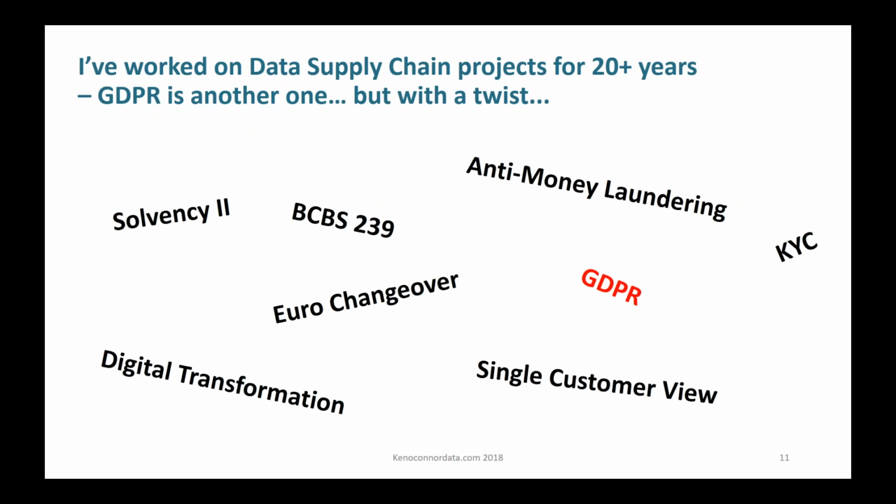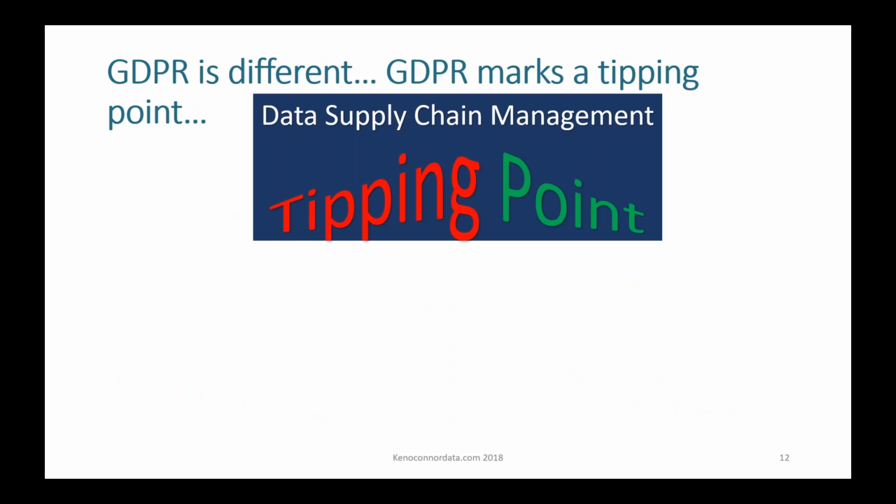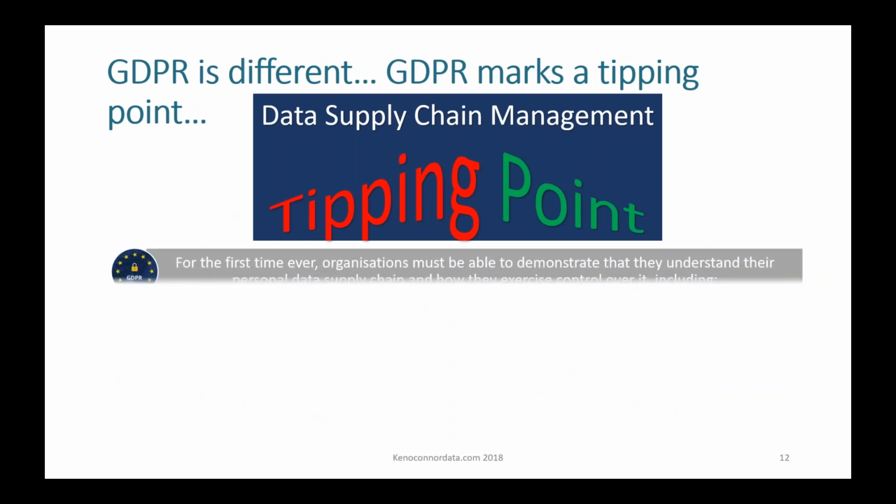Now, I've worked on data supply chain projects for the last 20-odd years, and they're all about getting data in accordance with what the regulator wants. GDPR is just another one, but it does have a twist. GDPR marks a tipping point.